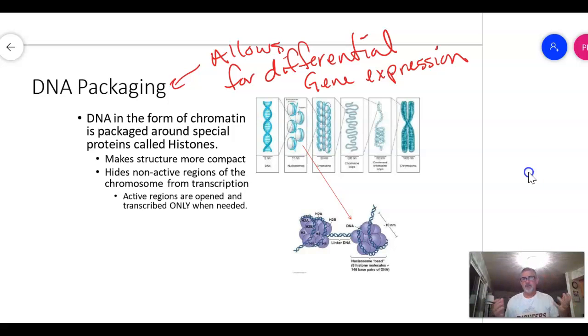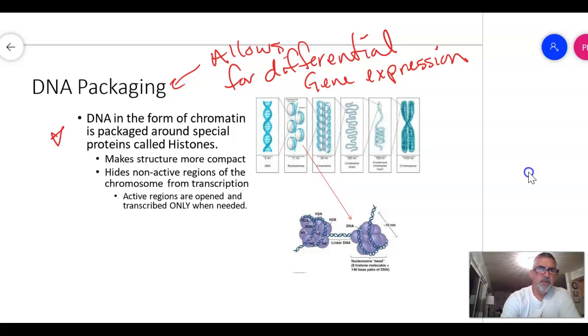Right, so remember, every cell in your body has the same DNA, right? But each cell is not expressing DNA the same. It's because they're all packaged differently, right? And it exposes areas where we want genes to be transcribed, and it hides areas where we don't want genes to be transcribed.